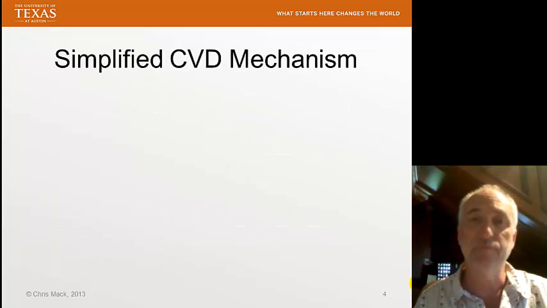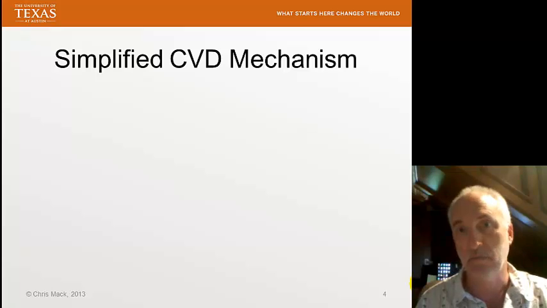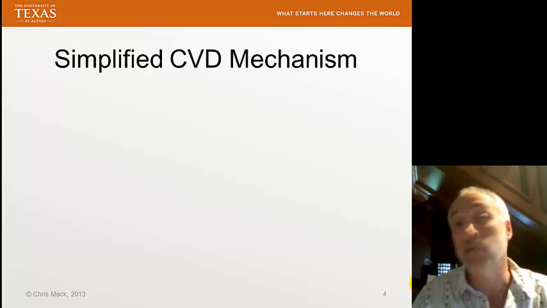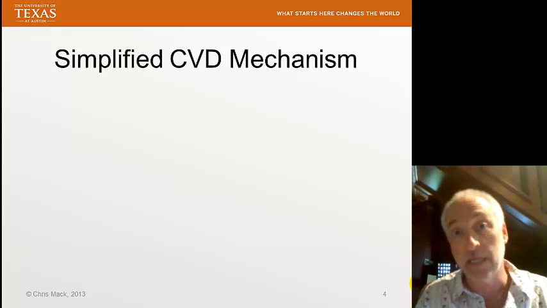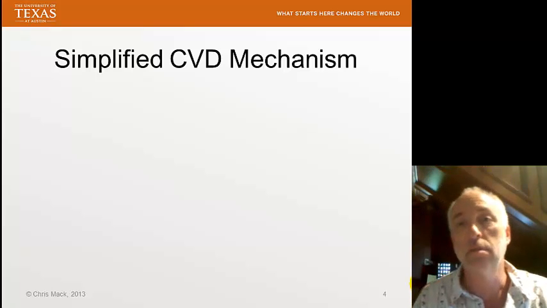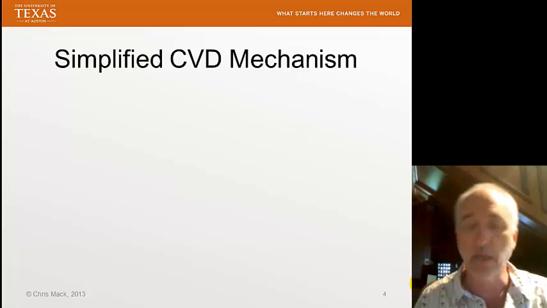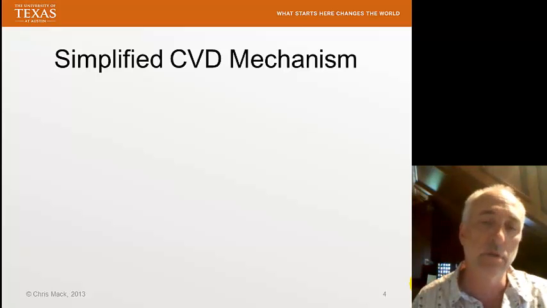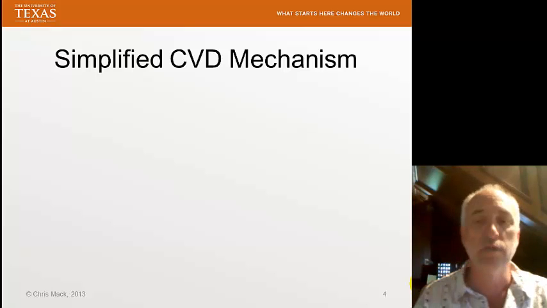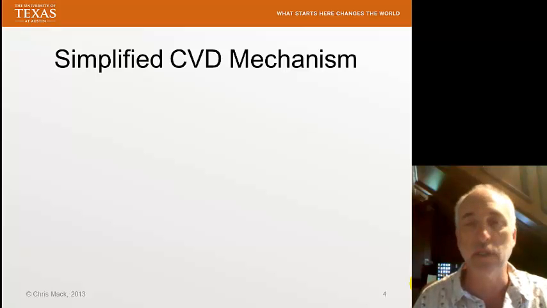Let's look at a very simple mechanism for CVD reaction. The simplest one, in fact, that we can even think of. It'll tell us a lot about more complicated mechanisms, but it ignores necessarily many things that could be happening. In fact, full modeling of real CVD reactions can be immensely complicated.